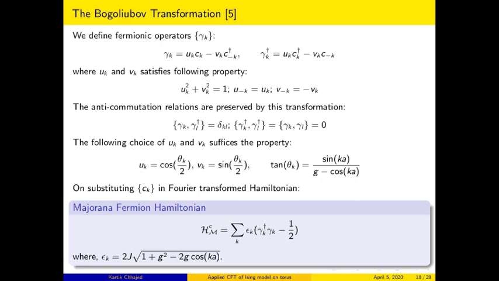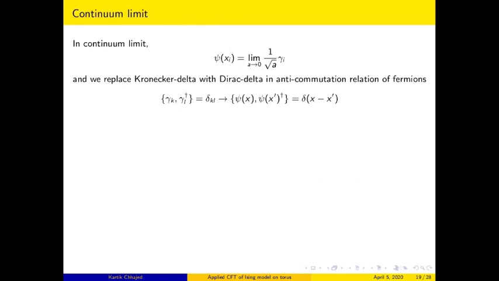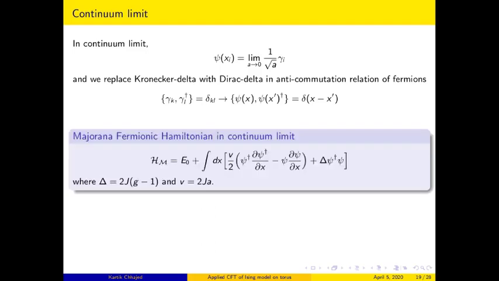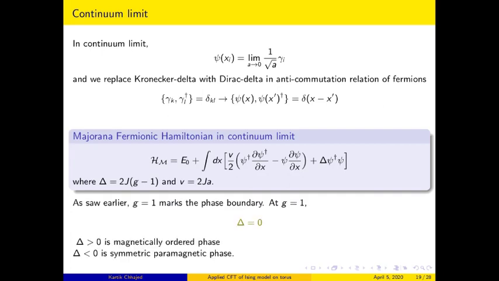So in the continuum limit, we are going to replace the Kronecker delta with the Dirac delta, and when we substitute this in the Hamiltonian, we get the Hamiltonian for the Majorana fermion in the continuum limit like this, where delta is like a mass term, and we saw in the quantum Ising model that g equal to 1 was the phase boundary between the order and disorder phase, and at g equal to 1 this delta is 0. With this mass term vanishing, the Hamiltonian becomes conformally invariant. And what I mean by that we will see in the next step.